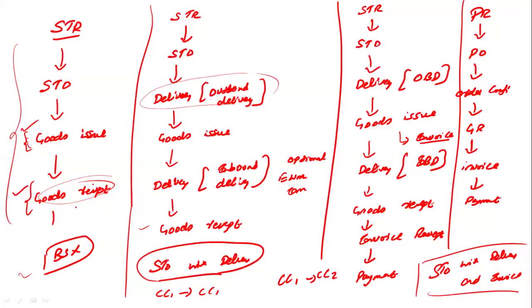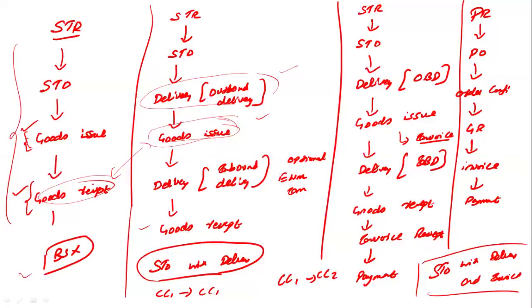Here it is a goods receipt. Here it is a goods issue. So both are different transactions. Okay, you mean to tell in both the cases it happens or in only one case? No, in one case. When you issue the delivery, is it this step or this step? It's goods issue.